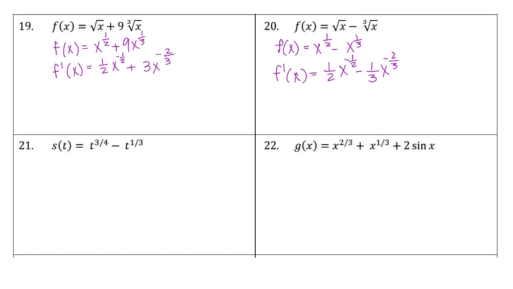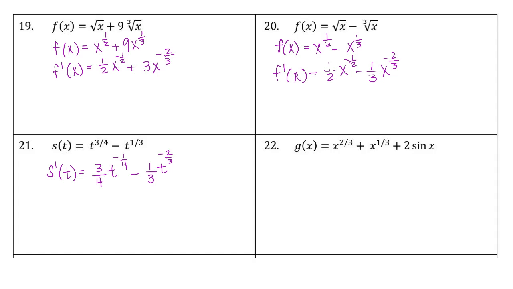So 21. Here at least we don't have to rewrite. We have s prime at t equals 3/4 t to the negative 1/4 minus 1/3 t to the negative 2/3.